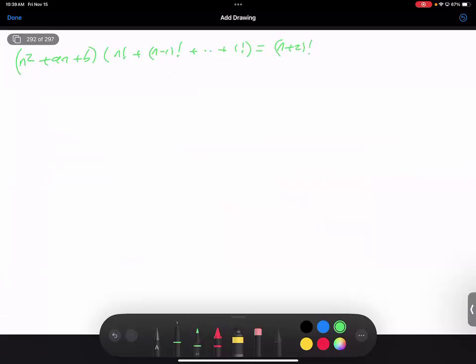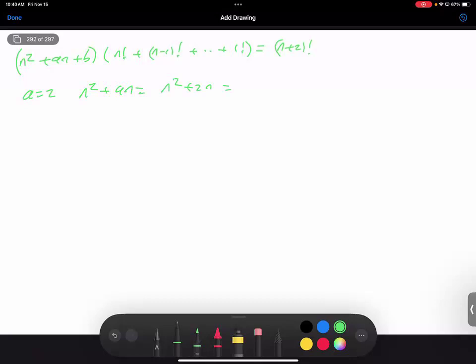So that's going to be, so if we take a equals 2, n squared plus an is n squared plus 2n. Oh, it's not going to be quite right.